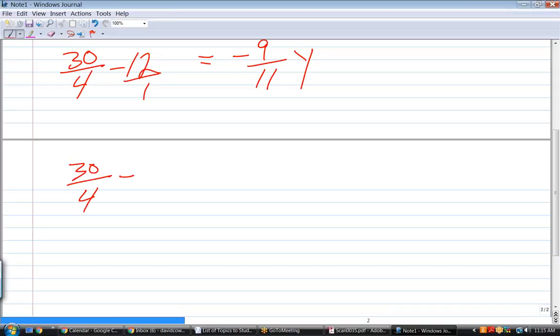When you're doing these problems, I want you to always look at your answer and make sure that you look back at what you started with and you didn't change anything. So what does the bottom have to be? 4. 4 fourths. Is that equal to 12?